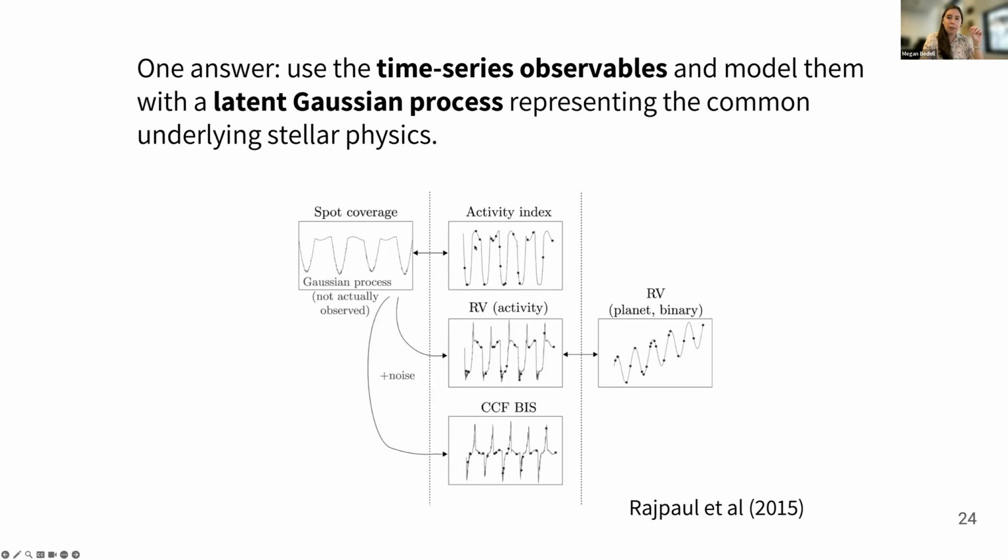Functions of that GP determine all of the different time series observables. And if we can jointly constrain the GP from all of these things, then we have the best chance at being able to isolate the latent stellar activity state and separate that out from the radial velocities due to a planet that we're interested in.